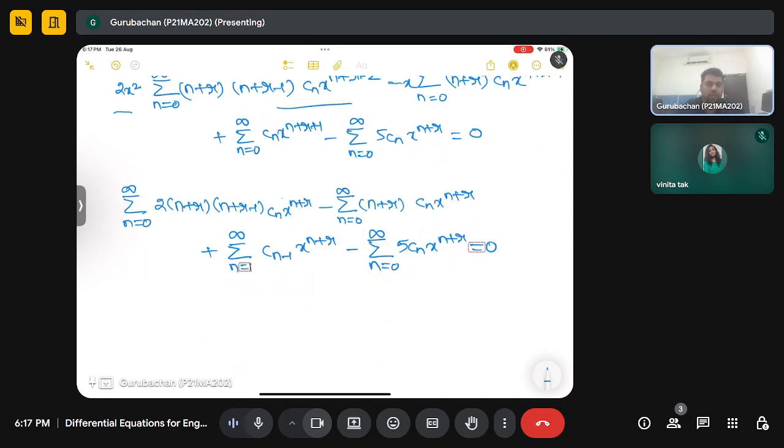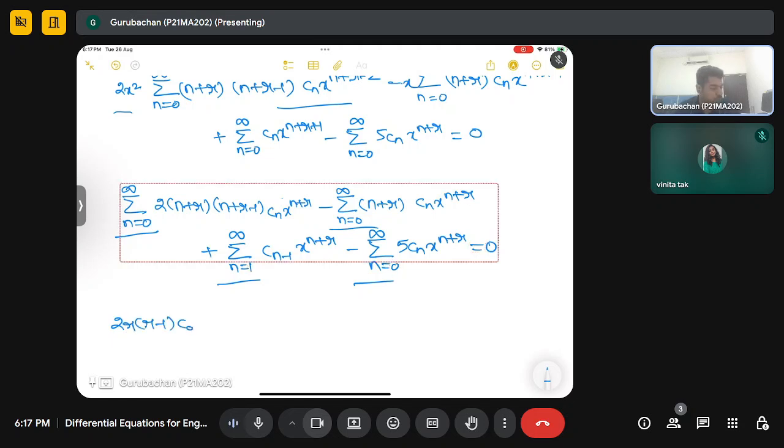Now we can find the recurrence relation and discuss the indicial equation. Before that, if you observe, some series start from n equal to 0 and one starts from n equal to 1, so we have to make them equal. For n equal to 0, we do it separately. It will be 2r(r minus 1) c_0 x to the power r, minus r c_0 x to the power r.